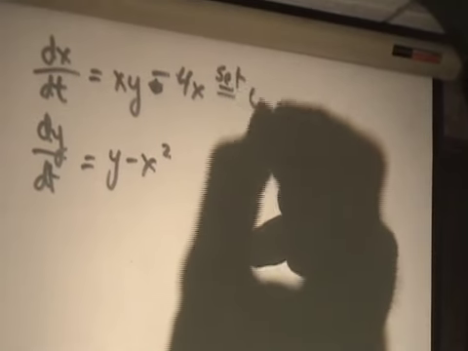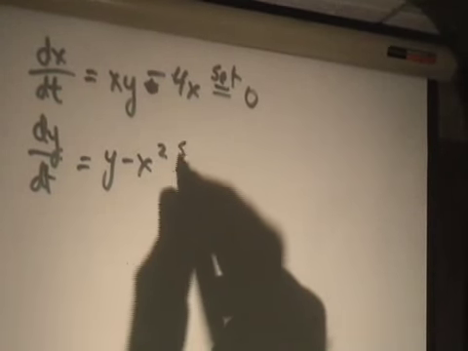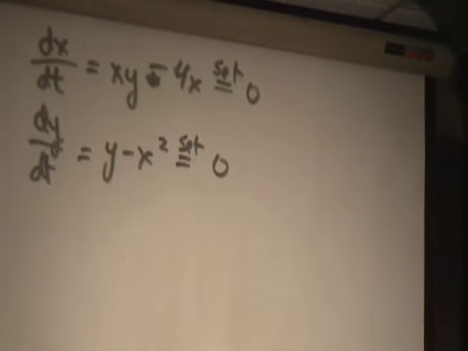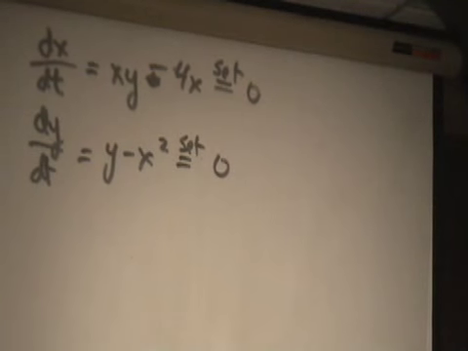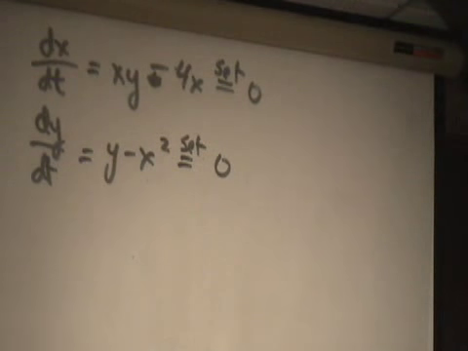And we have used an algebraic approach in terms of trying to find equilibrium points. We need to set both right-hand sides equal to 0, and solve the resulting system of algebraic equations to find equilibrium.